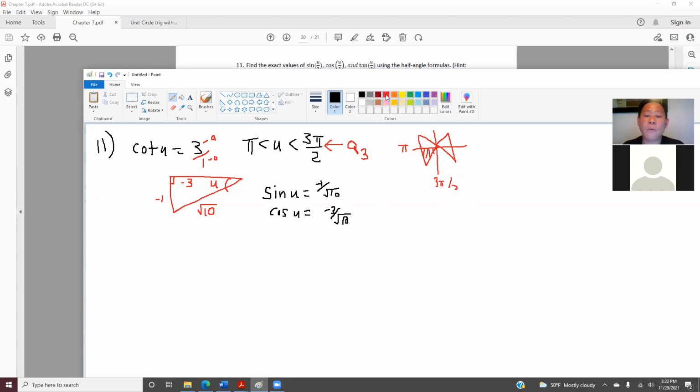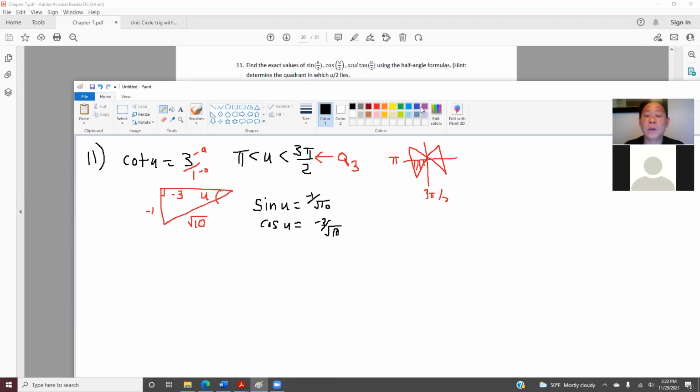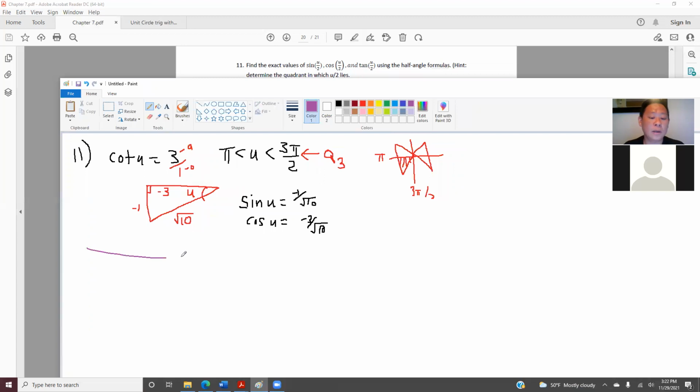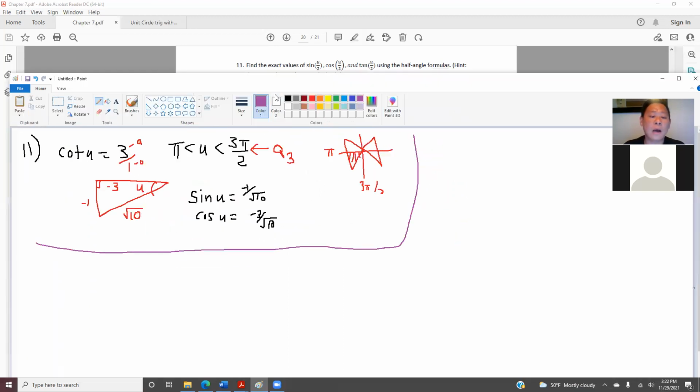Now we need to figure out what quadrant u over 2 lies in. So I just put this aside. We have pi less than u, less than 3 pi over 2, right? So in order for us to find what quadrant u over 2 lies in, I will divide everything here by 2.